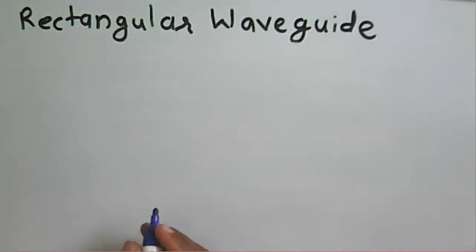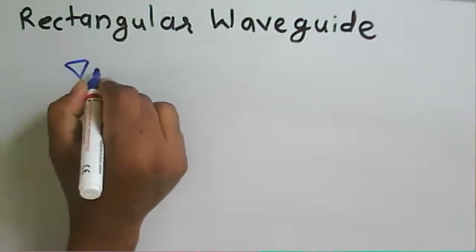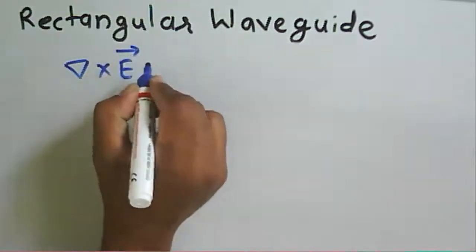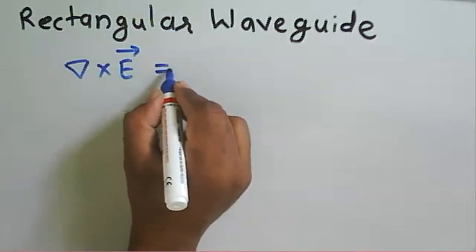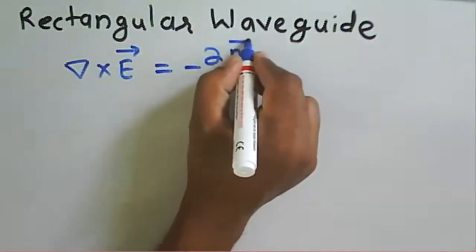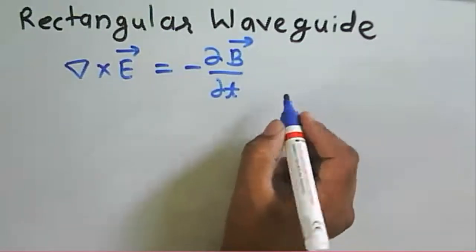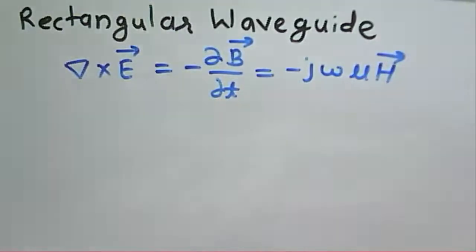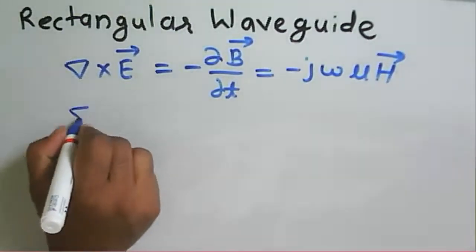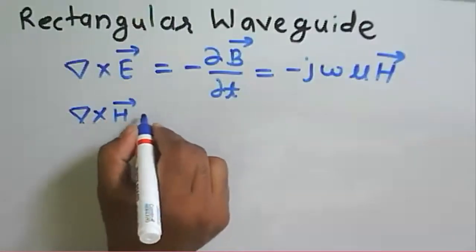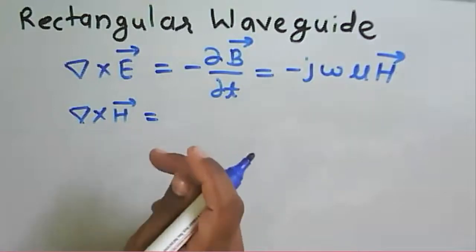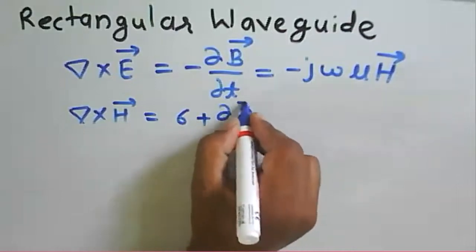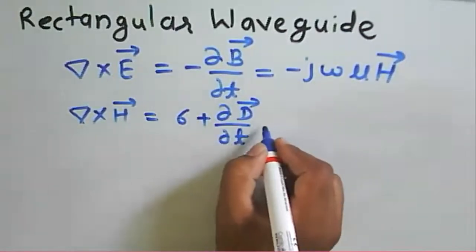Earlier we have seen Maxwell's expression, that is del cross E, del is a vector, is equal to minus dou B bar by dou t, or we can say minus j omega mu H. Then del cross H is equal to, now there are two components, the displacement current density and the conduction current density.